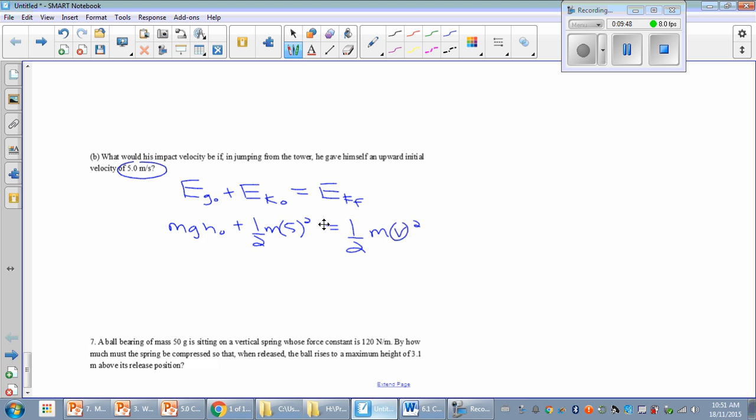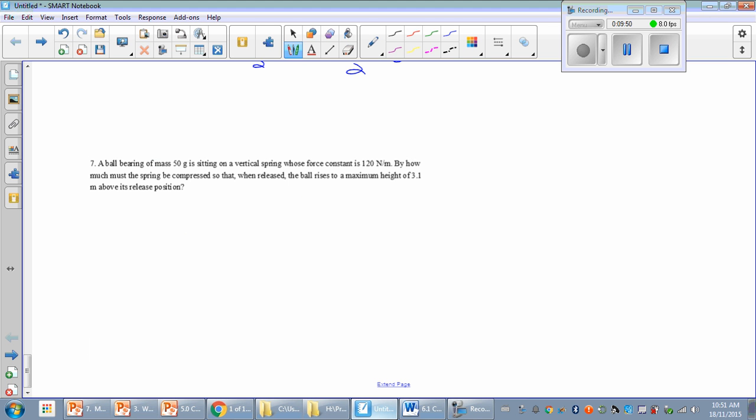We got one more. A ball bearing of mass sitting on a vertical spring whose force constant is given. It's a little easier than the other spring question. By how much must the spring be compressed so that when it releases, the ball will go all the way to 3.1 meters?